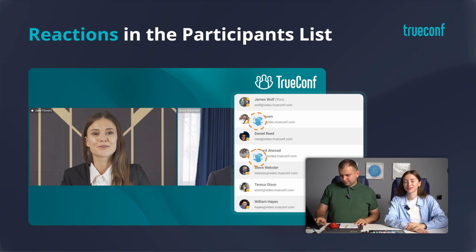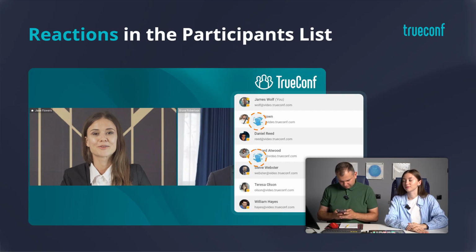So now it is possible to send a reaction during the conference if you want to add something, but you are not on the podium, with a disabled microphone, for example, or anything else. So a participant sends a reaction and it is automatically put at the beginning of the list of conference participants, so he or she is displayed at the top of the list.